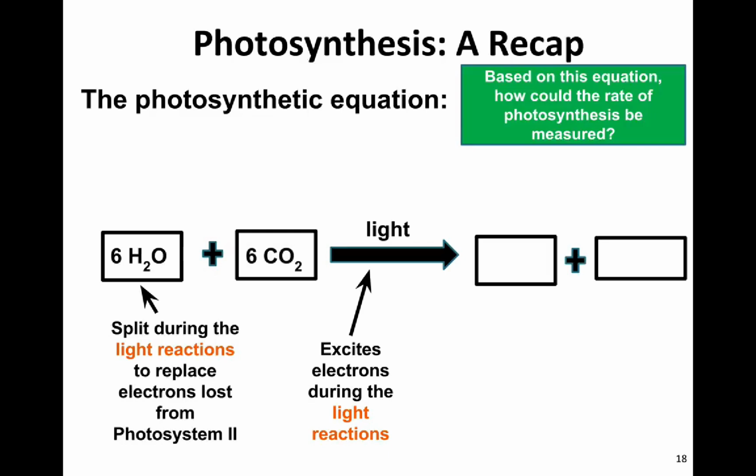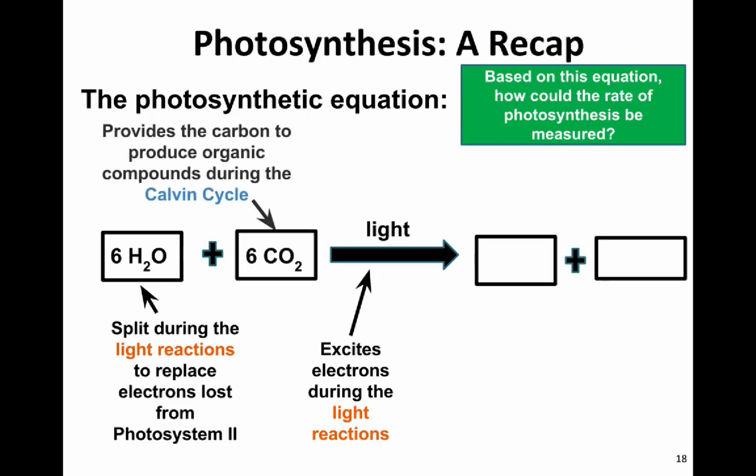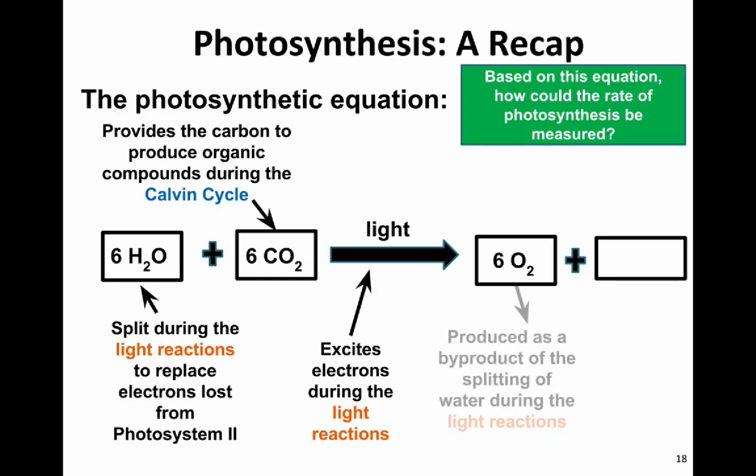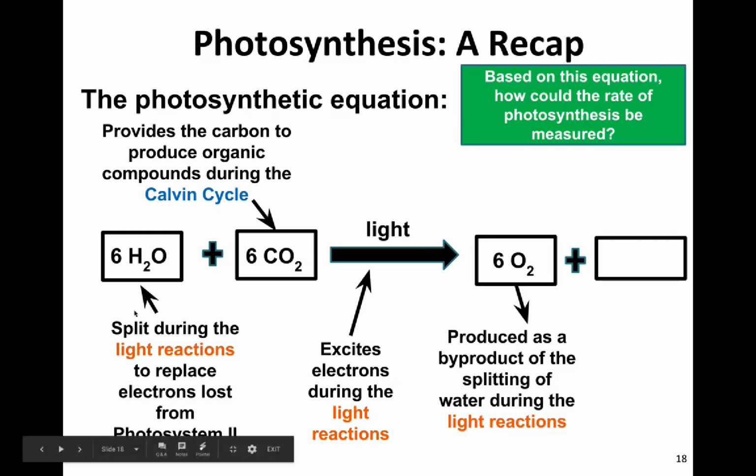We also need carbon dioxide, and of course the carbon dioxide is what is providing the carbon source to produce organic compounds during the Calvin cycle. And a byproduct of doing that is actually the production of oxygen. And it is due to splitting water during the light reactions. So when we take this H2O and we split it to replace those lost electrons, the byproduct of the reactions of photolysis is oxygen.